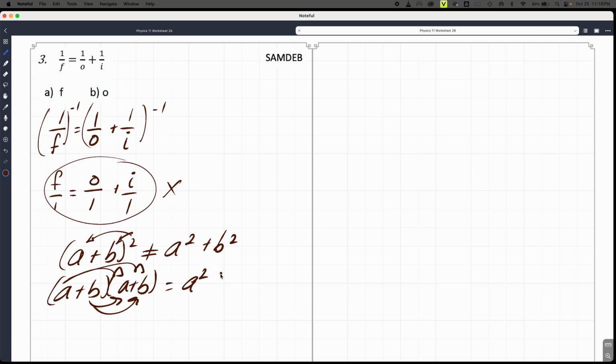What we do get is A squared, and yes, we do get B squared, but we're missing the AB plus AB middle term, which is A squared plus 2AB plus B squared. So we're missing this middle term.